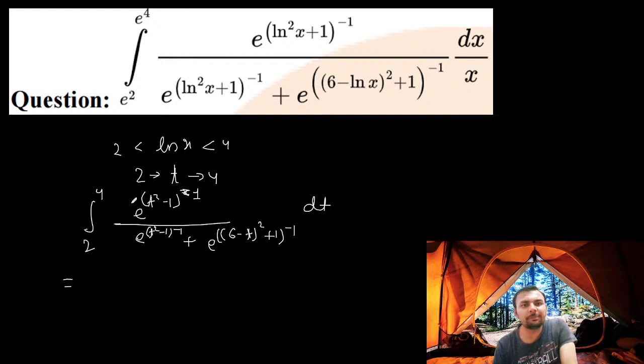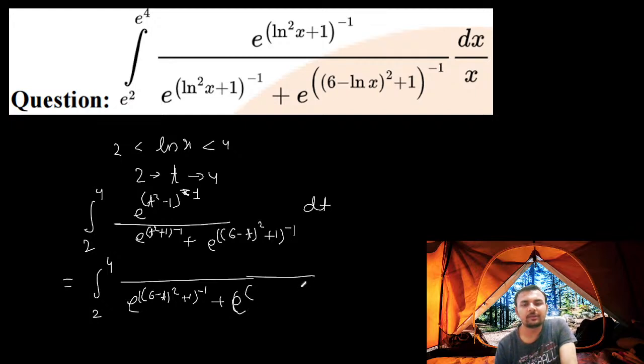If we do a plus b minus x, it is nothing but 2 to 4, (e to the power 6 minus t) whole square minus 1, plus 1 to the power minus 1, and it is e to the power t square plus 1 minus 1, and dt is there.